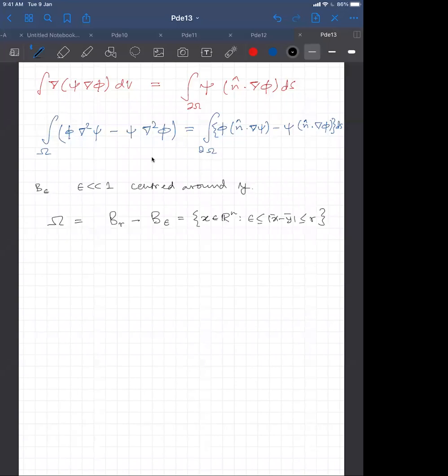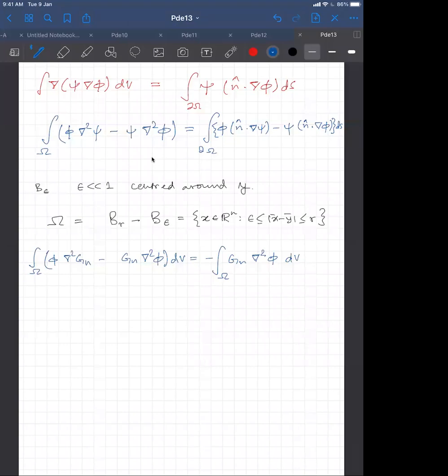If we do that, over omega the integral of phi del squared Gn minus Gn del squared phi dv is equal to the integral of minus Gn del squared phi dv, still over omega.